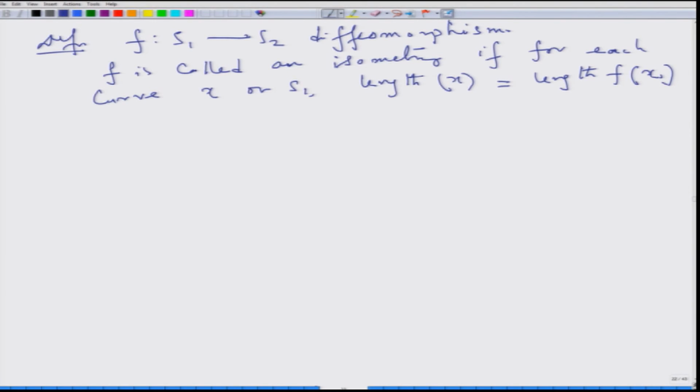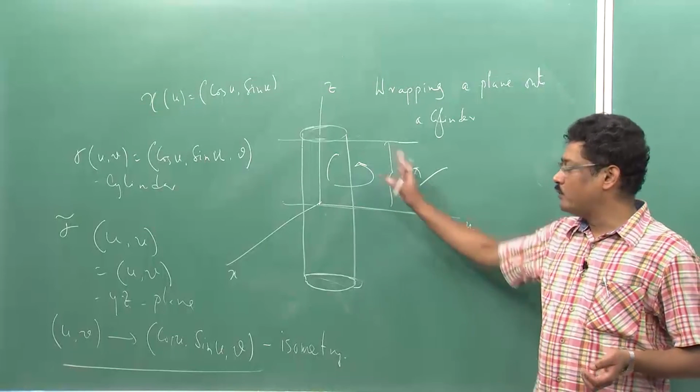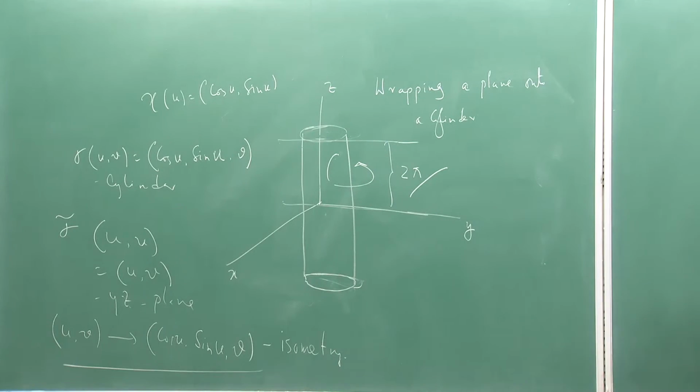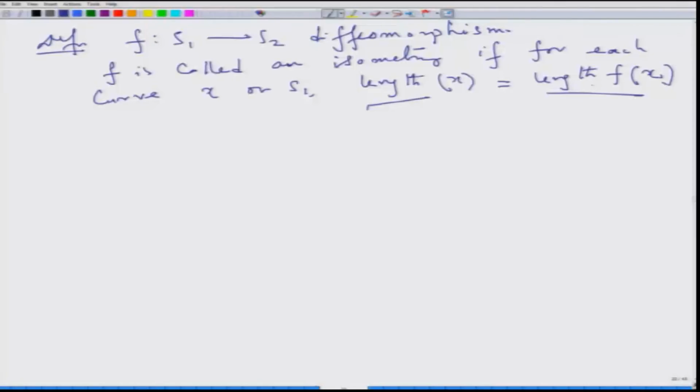So, f will take this curve gamma to another curve f of gamma. If they have the same length, this is called an isometry.